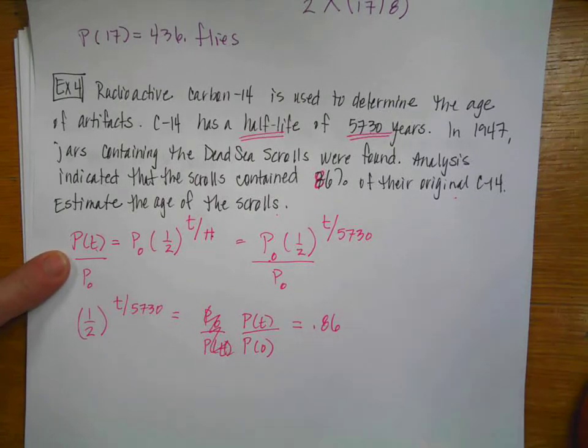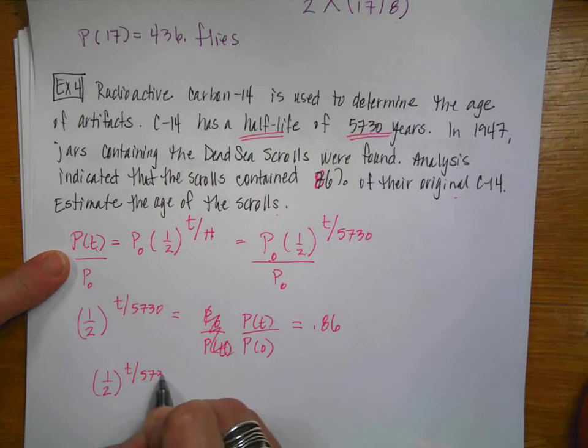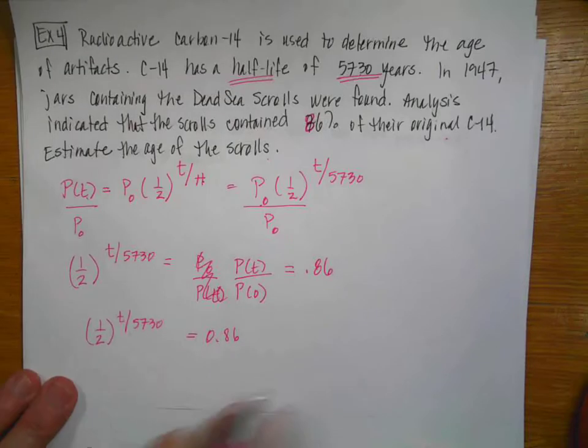I did it upside down at first, bad math, my bad. I know that that's equal to 86%. Okay. So now I'm going to have my equation 1/2 raised to the T over 5730 is equal to 0.86.